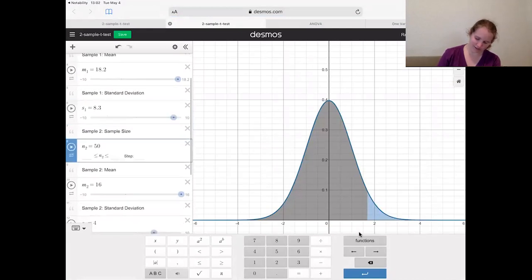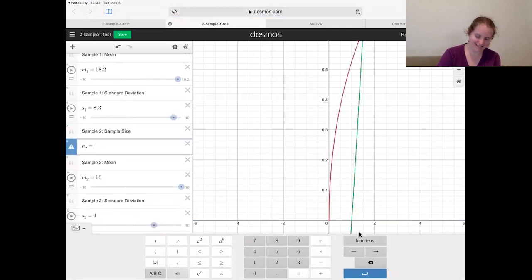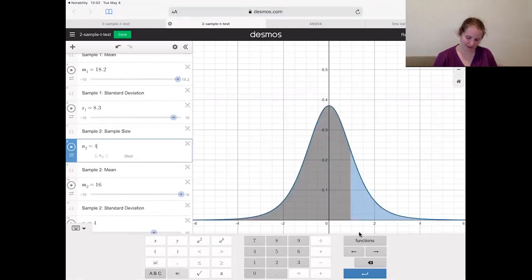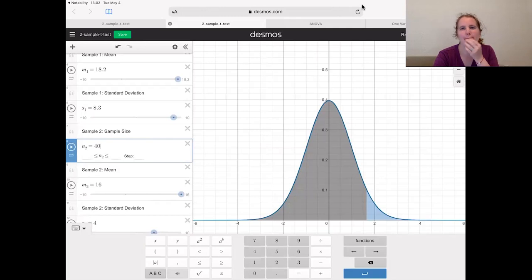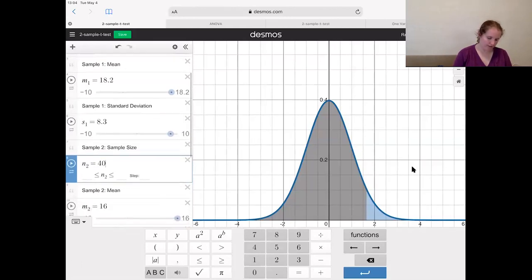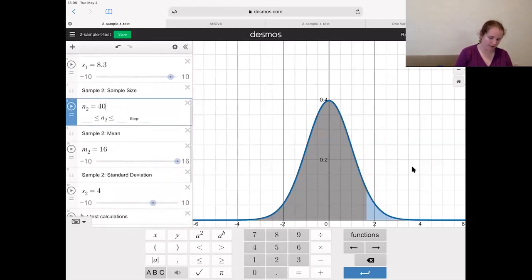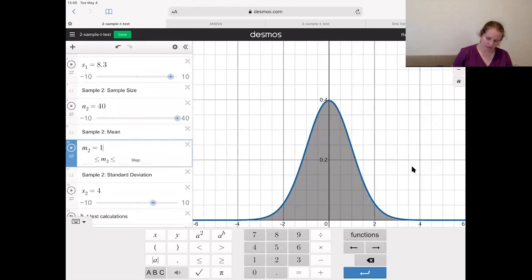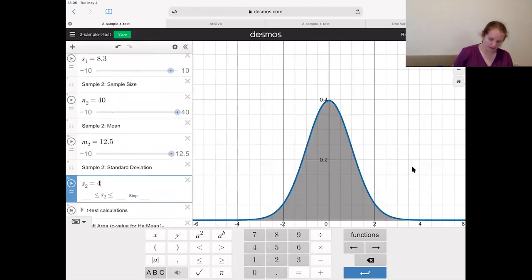For sample 2, the sample size was 40. The mean was 12.5, and the standard deviation was 4.5.